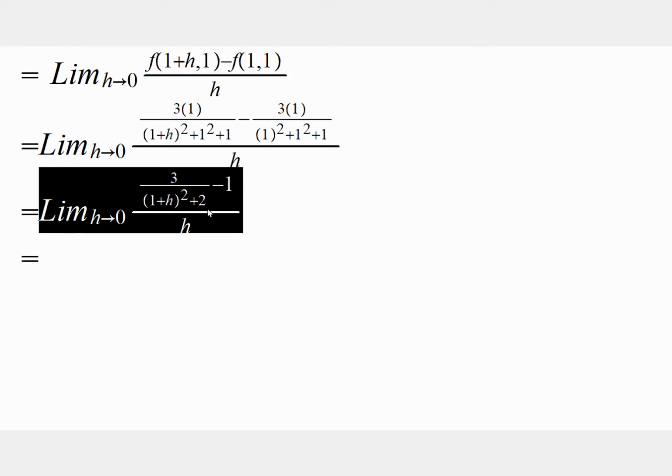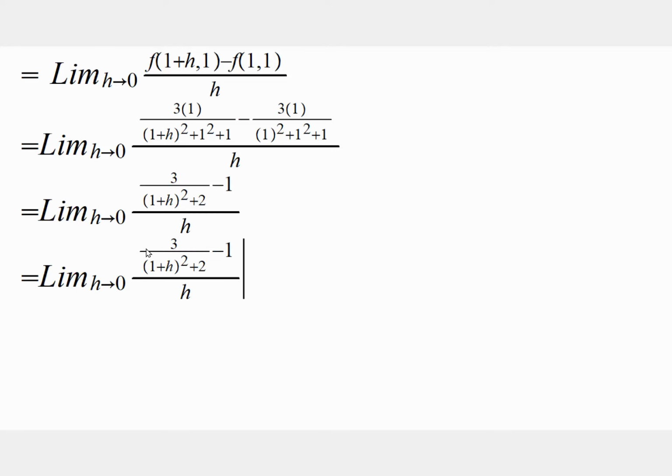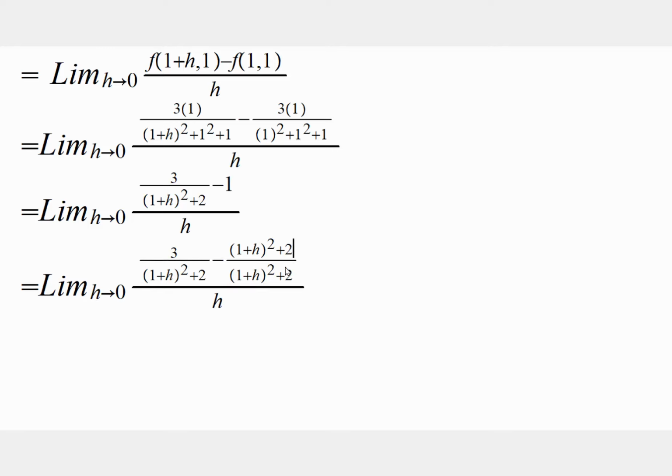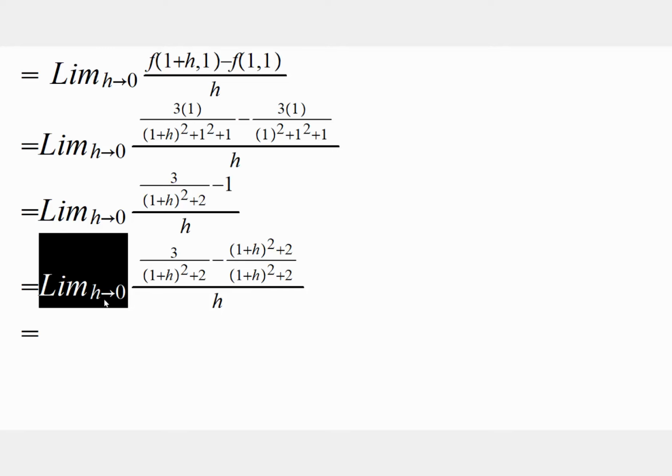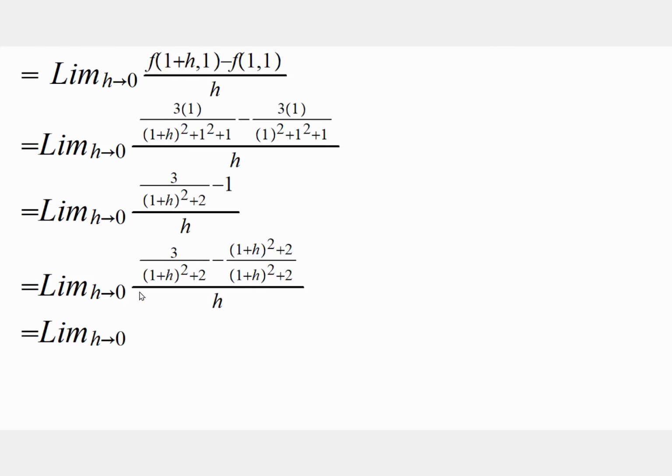So now what will be a good strategy next? All we have to do is just take this as the common denominator. Once we do that, to balance everything, I have to supply that upstairs also. And now this will be the limit as h goes to 0.